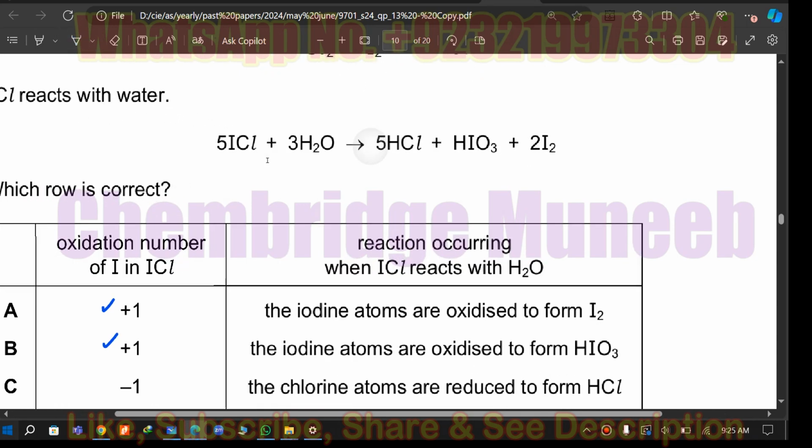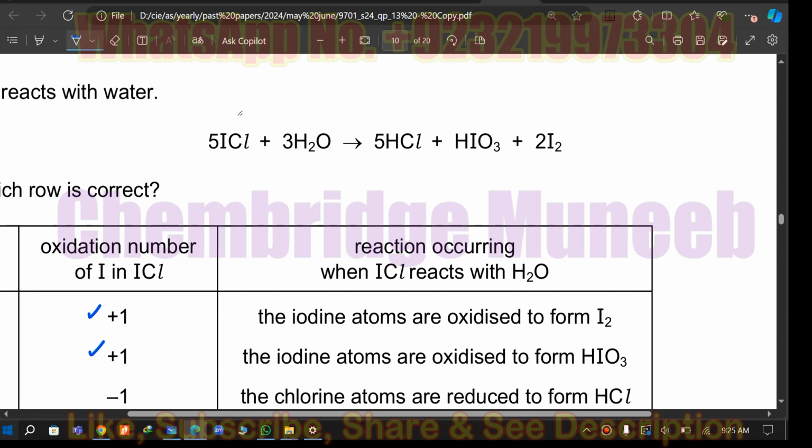I can write that it is +1 here, as calculated before, and it becomes 0 over here, and +5 over here. So is it right that iodine atoms are oxidized to form I2? From +1 to 0, it is not oxidation, it is reduction. So this option is incorrect.